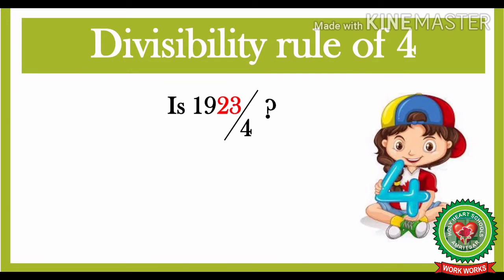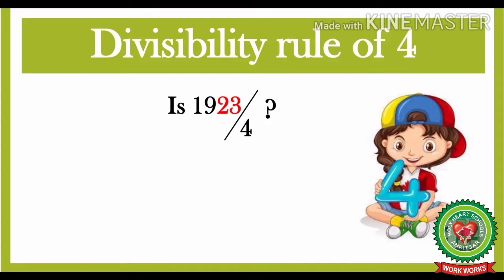Let's try this one. Is 1923 divisible by 4? Let us look at the last two digits, that is 23.